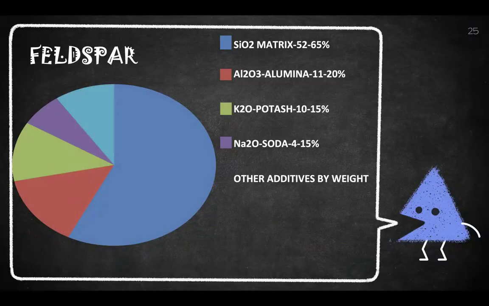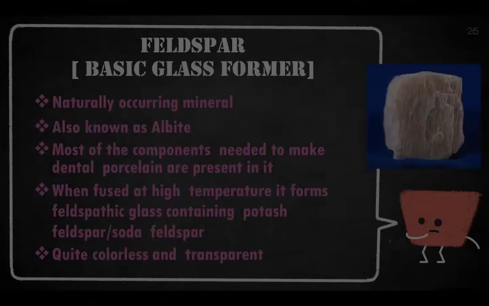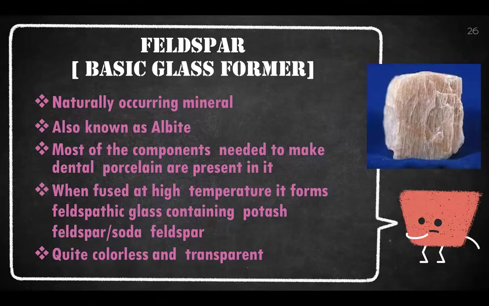Then the main constituent is feldspar, which is a silicon dioxide matrix. So feldspar is nothing but silica, which amounts to maximum 65%. Then it has got a little bit of alumina amounting to 11 to 20%. Then it has potash and soda and other additives. So feldspar is a naturally occurring mineral and it is also known as albite.